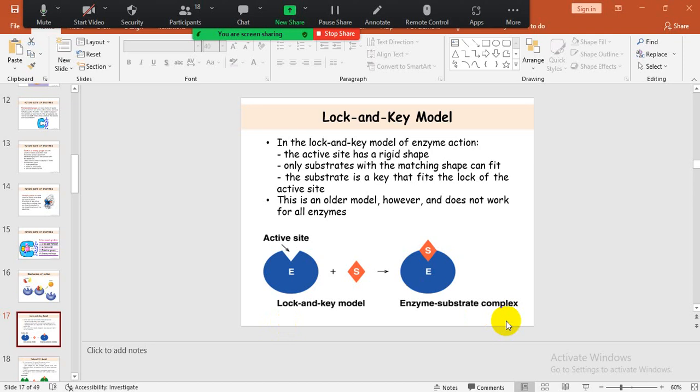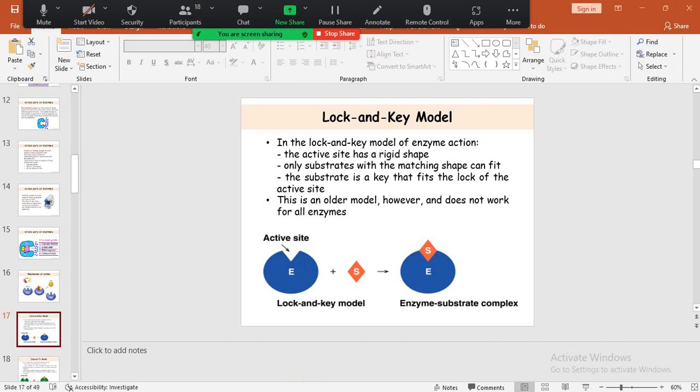Okay, so the lock and key model. The lock is like your door lock. If you have your door lock, you use a particular key to lock your door. Look at this. This is the active site of the enzyme, and this is the whole enzyme. This is the substrate. You can see that the structure of the substrate can adequately fit this active site.